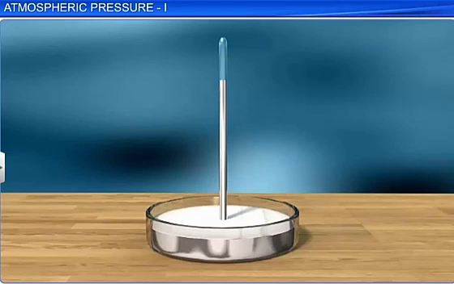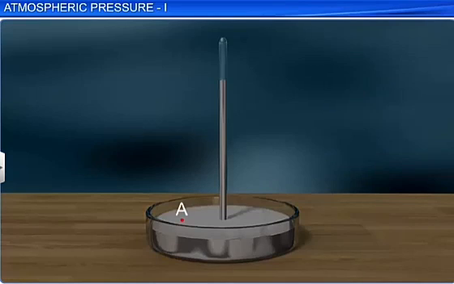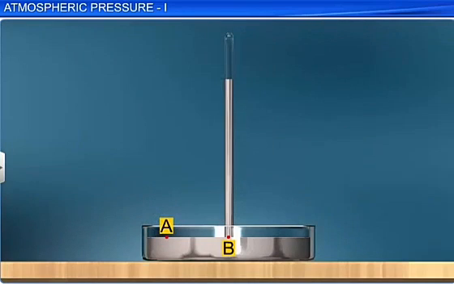Let us consider 2 points, A and B, on the surface of the mercury. Note that both the points are at the same horizontal surface.